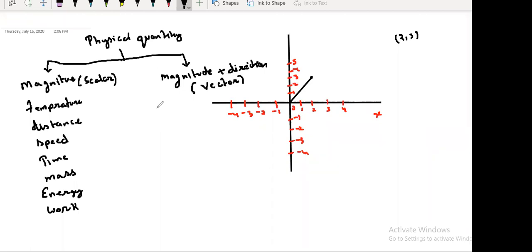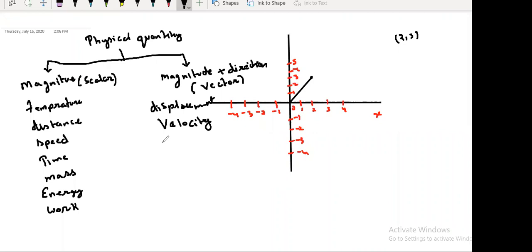Example, tell me: displacement, velocity.